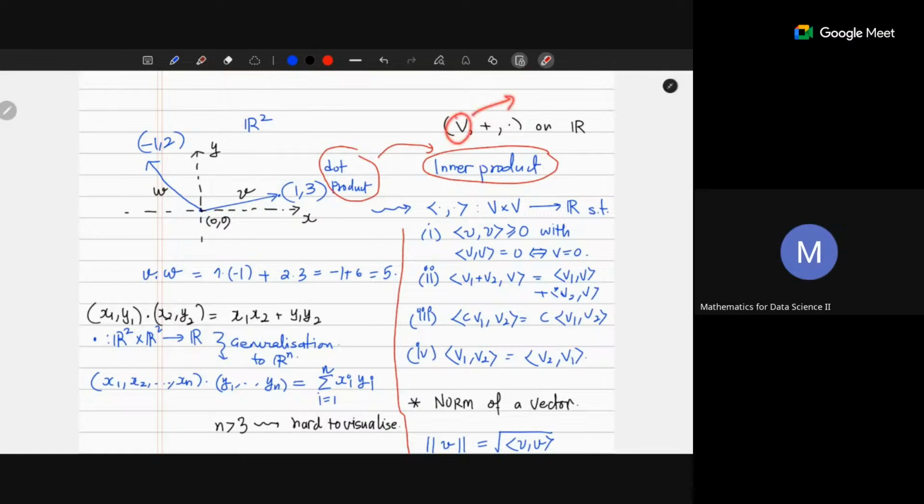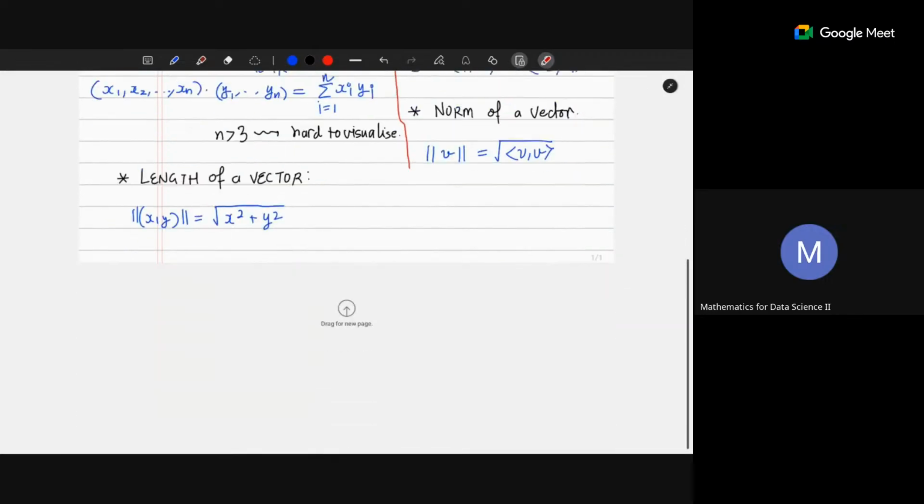It could be the set of all symmetric matrices. It could be any vector space. It could be a hyperplane passing through the origin in some Rn. But here the space is fixed. It is R2. So that's the difference. If it's in R2 or in Rn, then it is length. Otherwise, in general terms, it is called the norm. But yes, norm is a generalization of length. That is true. All right.